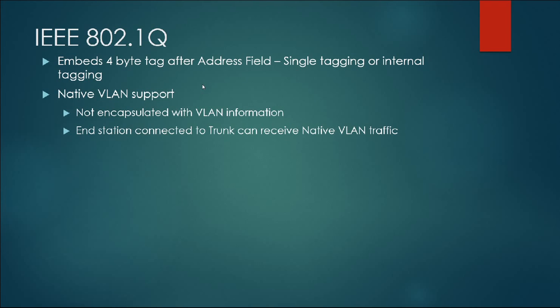So if you were to take a trunk and hook it to a host PC and it had native VLAN traffic on that trunk, your PC would be able to see that native VLAN traffic as if it was hooked to an access port, and it would be able to access that VLAN as if it was not being trunked. But your host would not be able to identify the encapsulated traffic that the trunk was carrying otherwise.